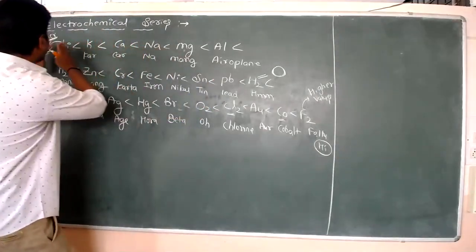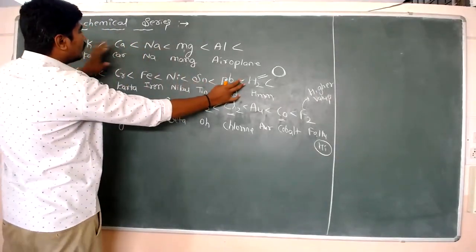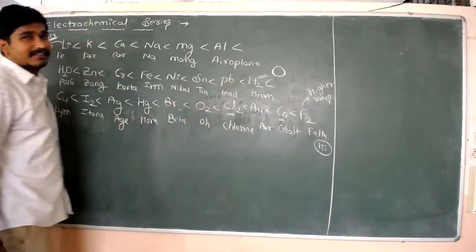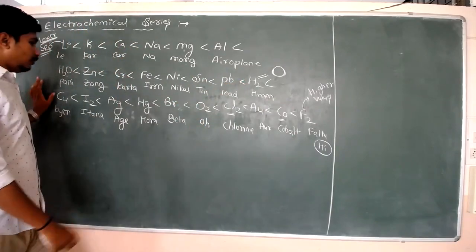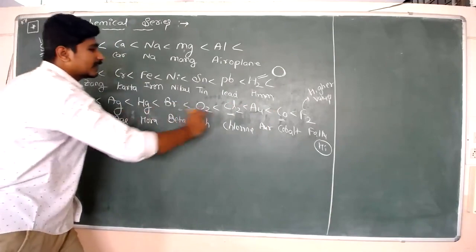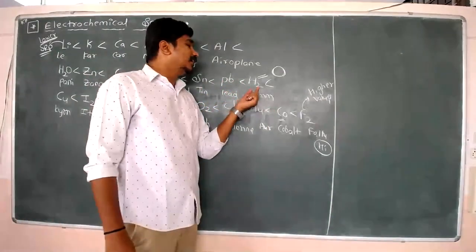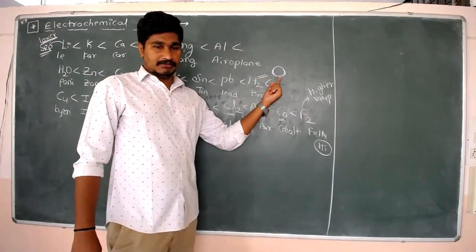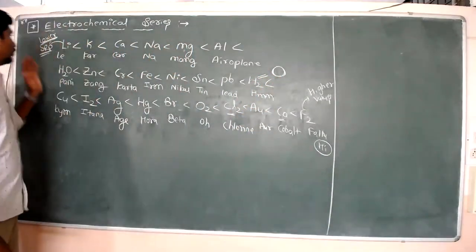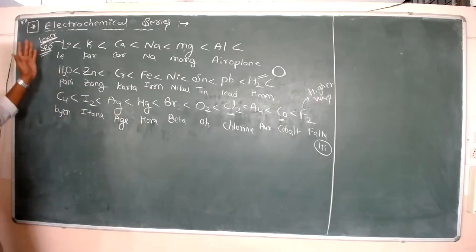From lithium to lead, all these elements are having negative SRP values. From copper to fluorine, these elements are having positive SRP values, and hydrogen is having SRP value equal to 0, right? Now just remember these elements in order.